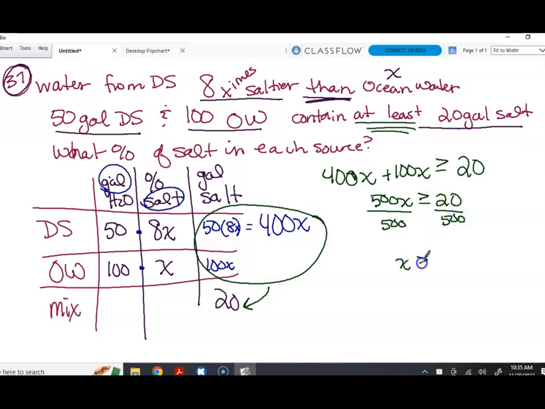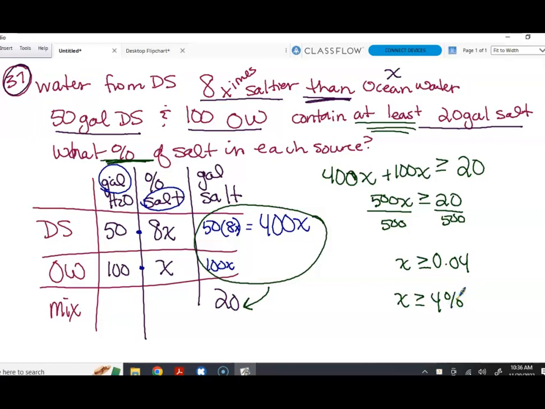So x is greater than... No, 0.04. I did it the wrong way. I was like, it can't be 25. Okay, I heard 0.04. Any confirmation on that? You can confirm? Okay, so 0.04, but the question asks what percent of salt, so not 0.04 but 4%. So x is greater than or equal to 4%. So what is x?